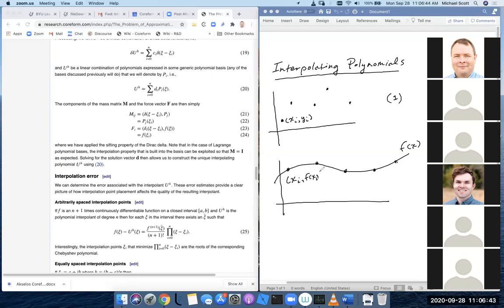Interpolation is about, if I give you these discrete values, can you fill in the gaps with polynomial approximations? How do I construct a polynomial from these points? It's really just a linear algebra problem.